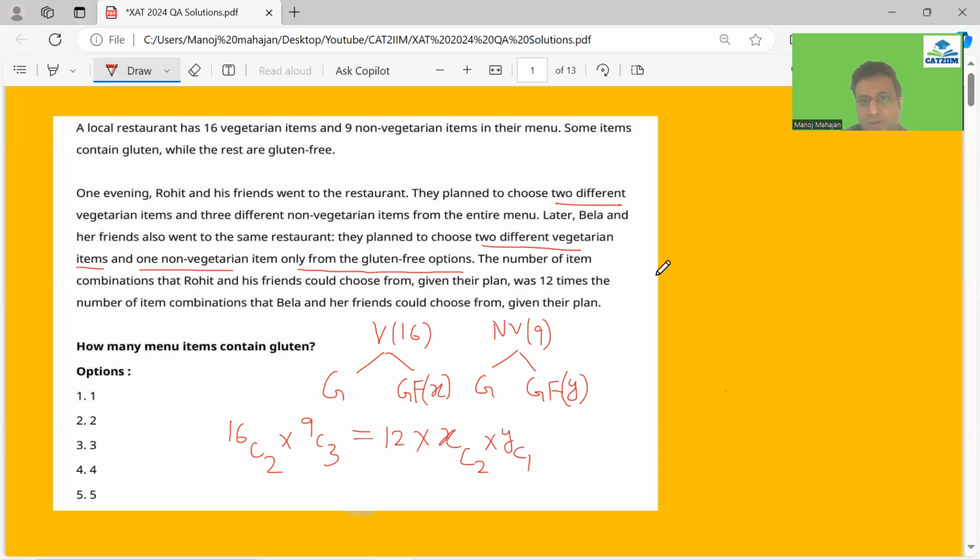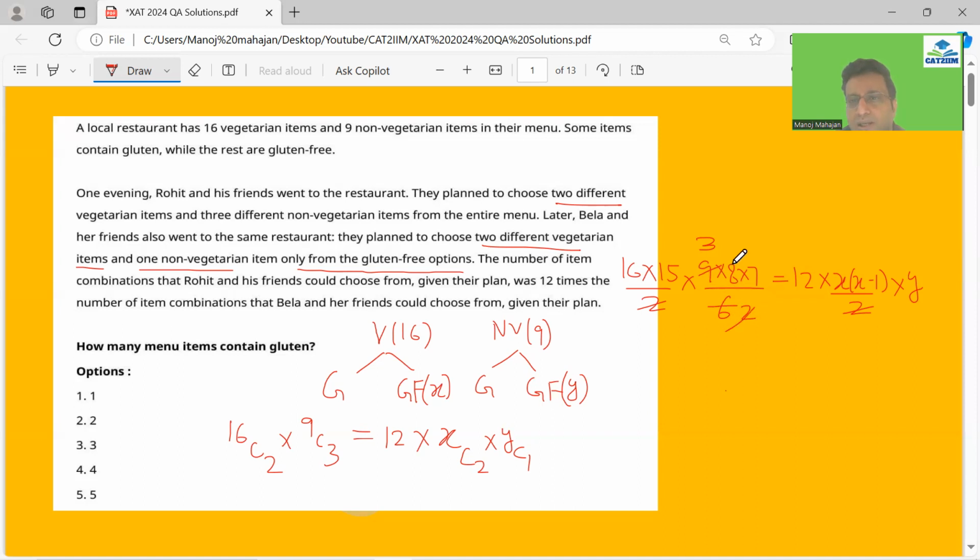So let's do further calculation out here. 16C2, I write as 16 into 15 by 2, 9C3 I can write as 9 into 8 into 7 divided by 6. And this is equal to 12 into, this can be written as X into X minus 1 divided by 2, and YC1 I can write as Y. So can I cancel out this 2 with this 2? 3 3s are 9, 3 2s are 6.